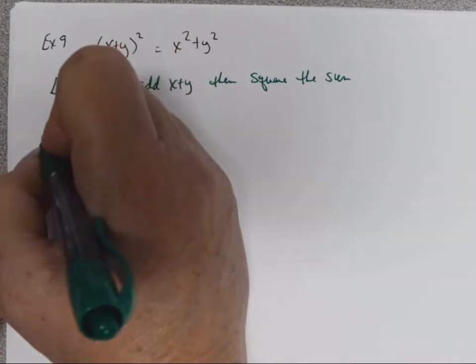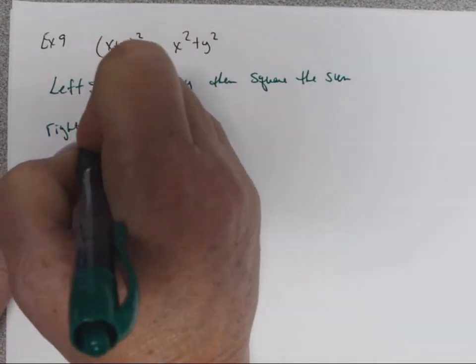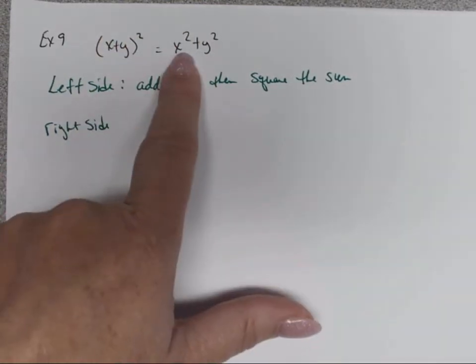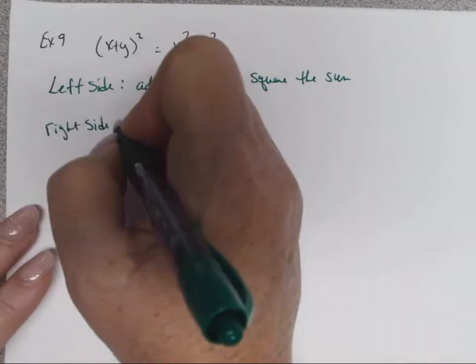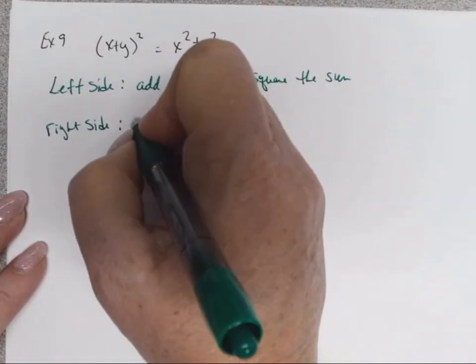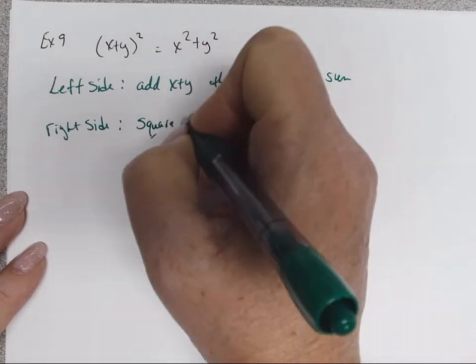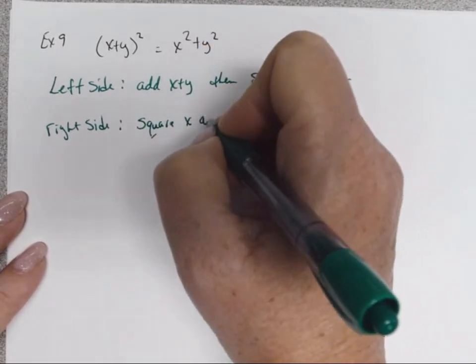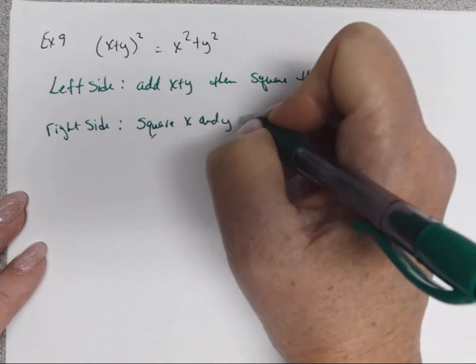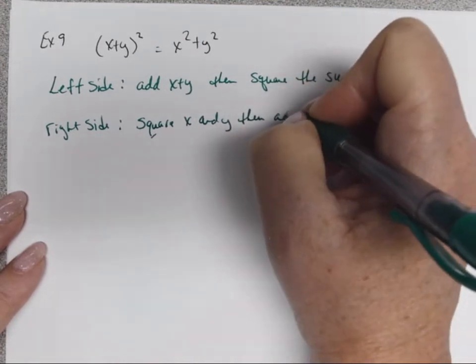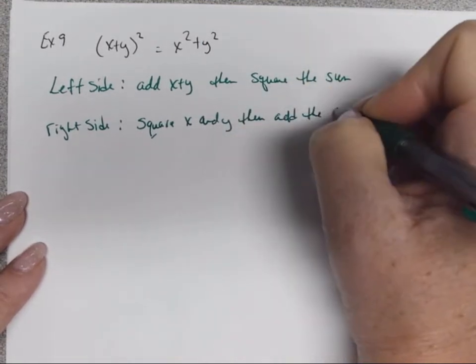On the right side, we have x² + y². So on the right side, we square x and y, then add the squares.